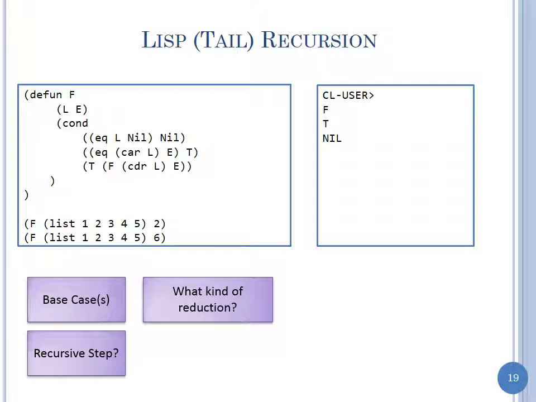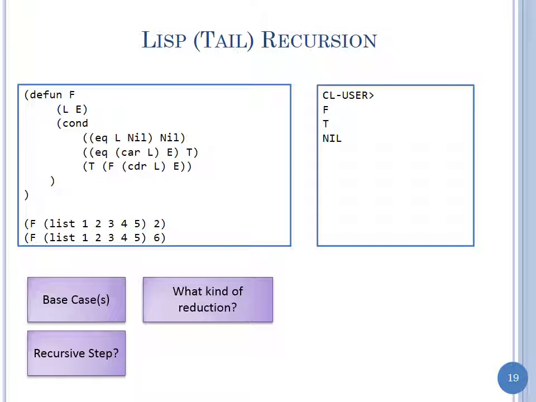Explain the recursive step. Sorry, both of you were within the same line. Okay, I'll let Ben answer. Call it with the rest of the list. So checking if the rest of the list, is that what you were going to say too? So it's just calling with the rest of the list.